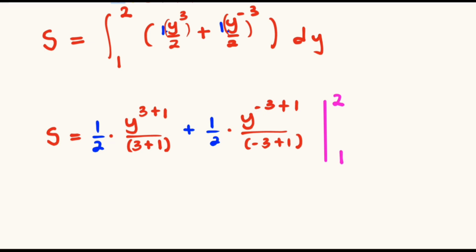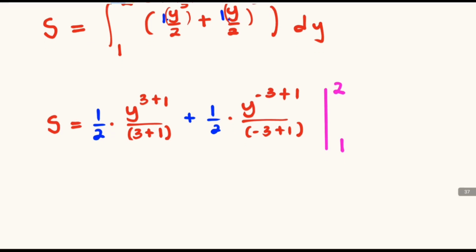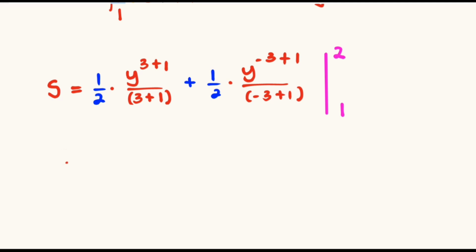So we simplify the s before we can substitute the 2 and the 1. So our s will be equal to y to the power 3 plus 1, which is equal to 4, and that 2 multiplied by the 3 plus 1, which is 4, will be equal to 8.